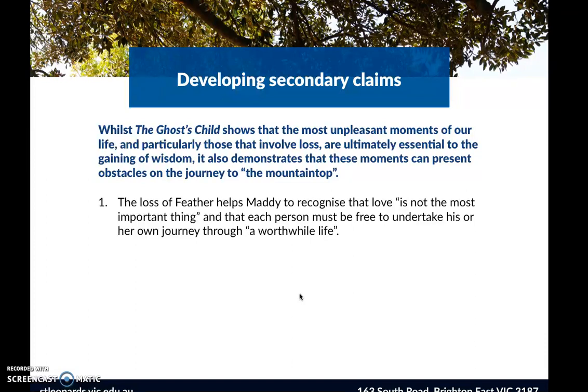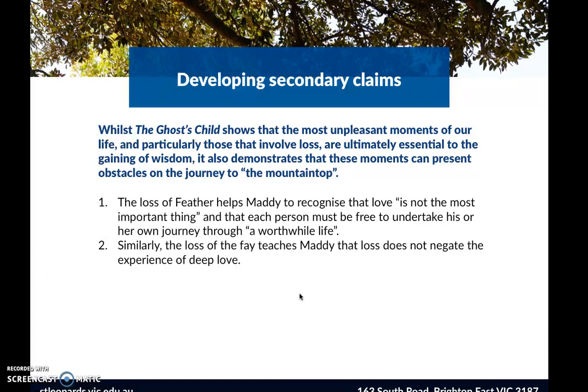Another obstacle or moment of adversity that I'm going to focus on is the loss of the Fae. Similarly, so I'm using transitional language, similarly, the loss of the Fae teaches Maddie that loss does not negate the experience of deep love. So again, adversity, but it led to personal growth.